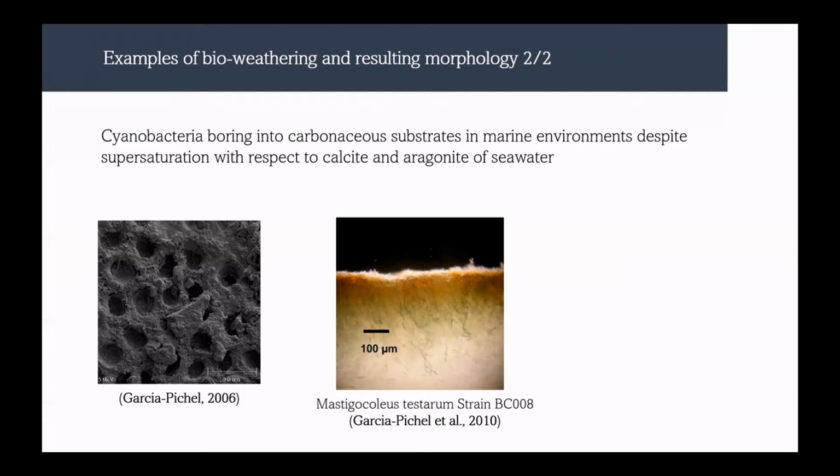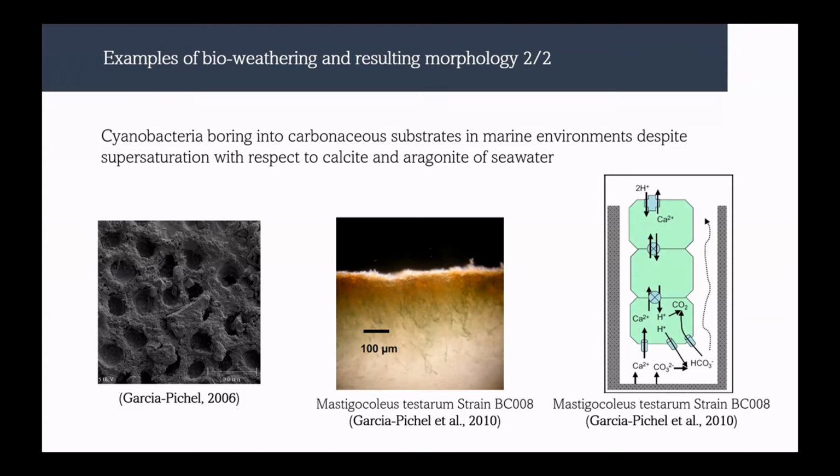In this study, García-Pichel et al. propose a mechanism where basically they uptake calcium at the boring front, so they will locally decrease the saturation state, and so they will make dissolution possible thermodynamically, and so they will keep going down and down with this dissolution mechanism, and at some point they will stop when they are at so much depth that they will not see enough light to survive.